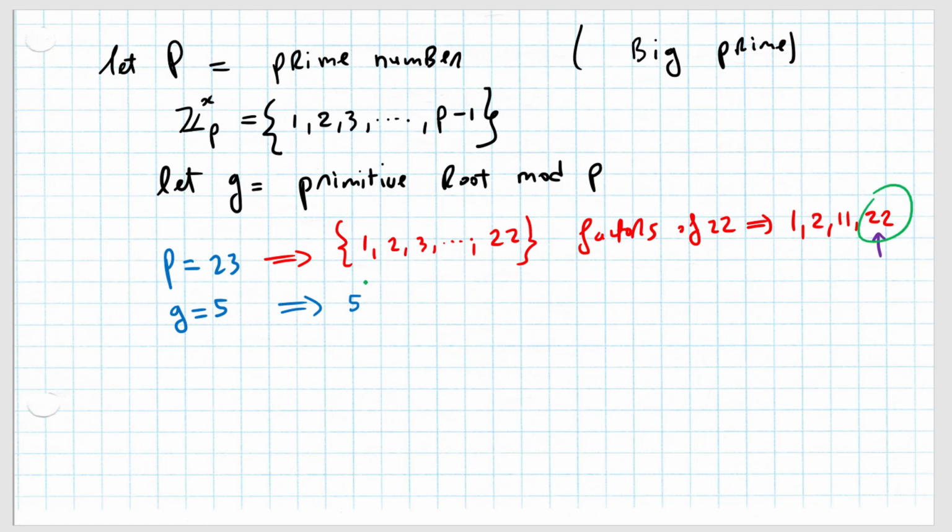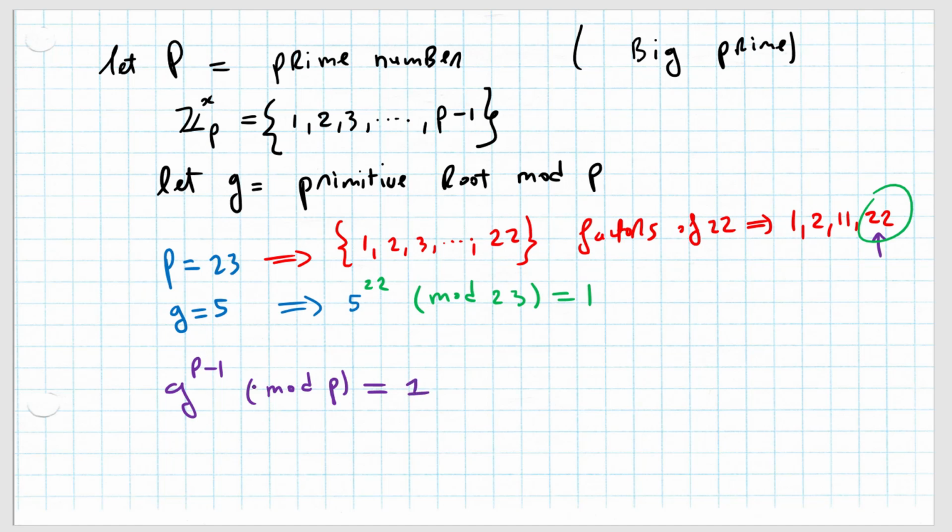Yeah, exactly. So if 5 to the power 22 mod 23 is 1 mod 23, then we can say that 5 is a primitive root mod 23. So the idea is for any P and G, if you do G to the power P minus 1, with P equal 23, P minus 1 is 22, mod P, if that gives you 1, you don't have to try the factors of P minus 1.